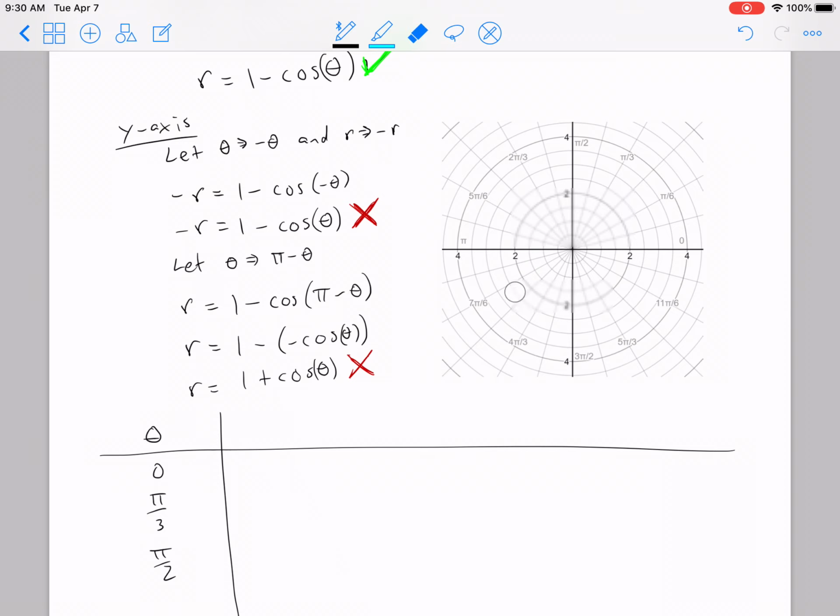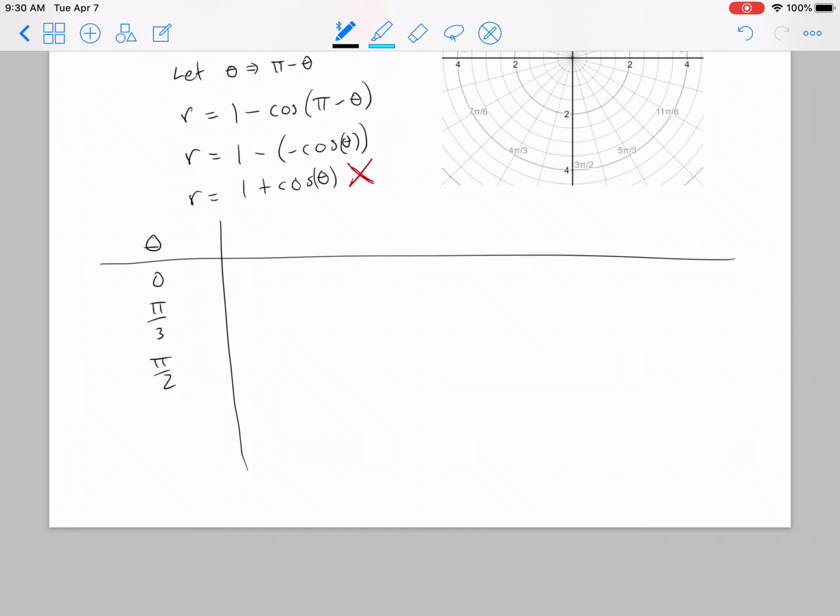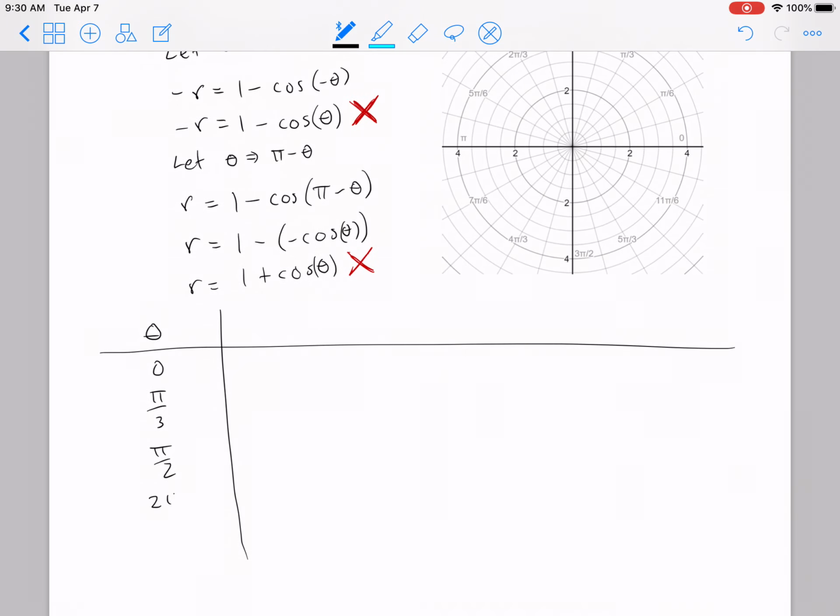So let's do 2 pi over 3, and we can stop at pi, see where pi goes to. And so we're just staying on that upper half because we have that symmetry, which means we don't need to start checking negative 2 pi over 3 or 5 pi over 3 or stuff like that.